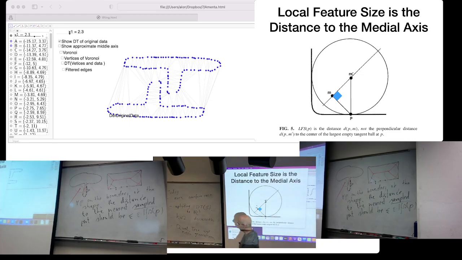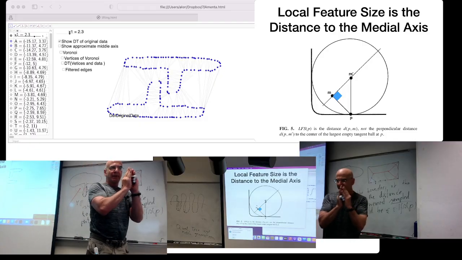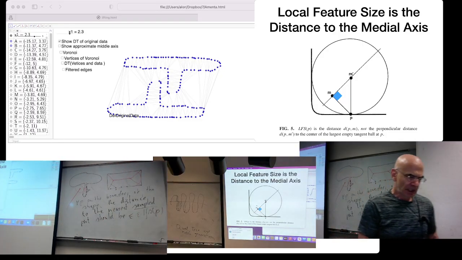Again, the similarity to the Nyquist theorem is, if I have a wave that changes at very high frequency, I need to sample the amplitude with a microphone, with a sensor. For every point of the signal, there should be a point that I sample where the distance between them is something that depends on the wavelength. The shorter the wavelength, the closer you are to the local feature size.